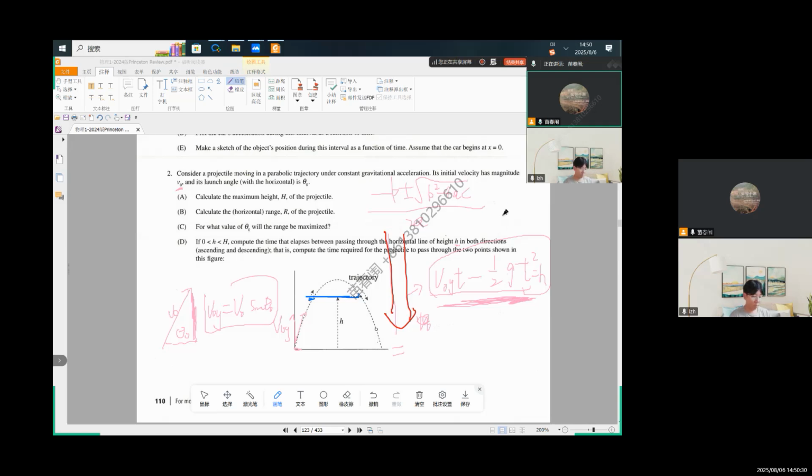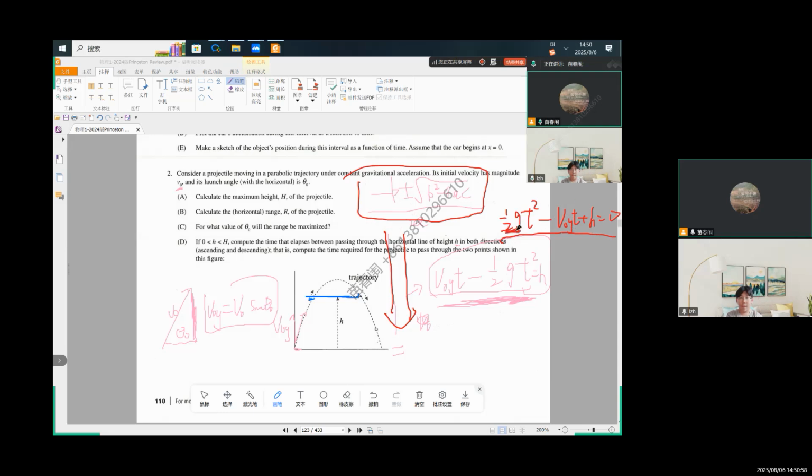I probably make this 1 over 2 gt squared and minus v0y t and plus h. Does that make sense? Yeah. So how do I substitute this formula? Put this quadratic to solve. See, this is a, right?